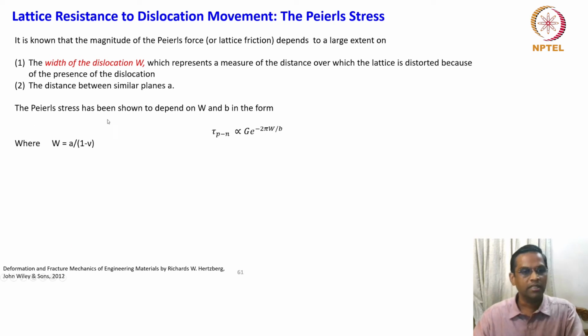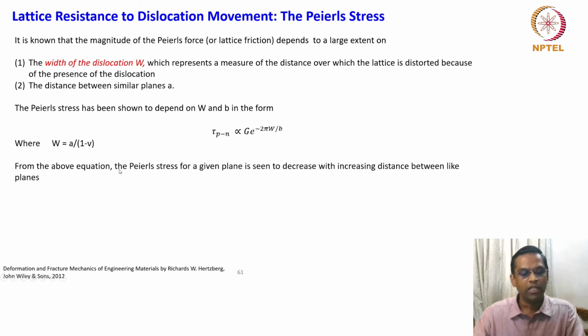The Peierls stress has been shown to depend on W and b in the form tau Peierls-Nabarro proportional to G times exponential of minus 2 pi W by b, where W is a divided by 1 minus nu. 1 minus nu, you know, is because it is an edge dislocation, right?